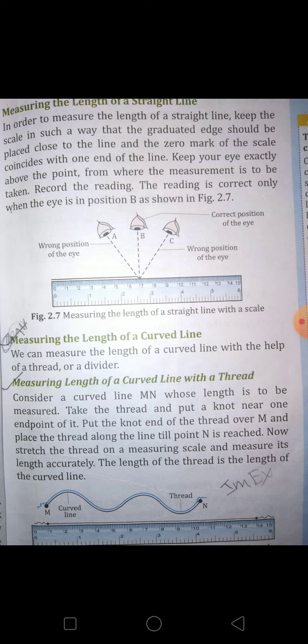The second step is you have to place the scale in such a way that its graduated edge is placed close to the line and the 0 mark of the scale coincides with one end of the line. And the most important thing is our eye should be at position B, which is the correct position of the eye. Okay children, I hope all of you have understood this.